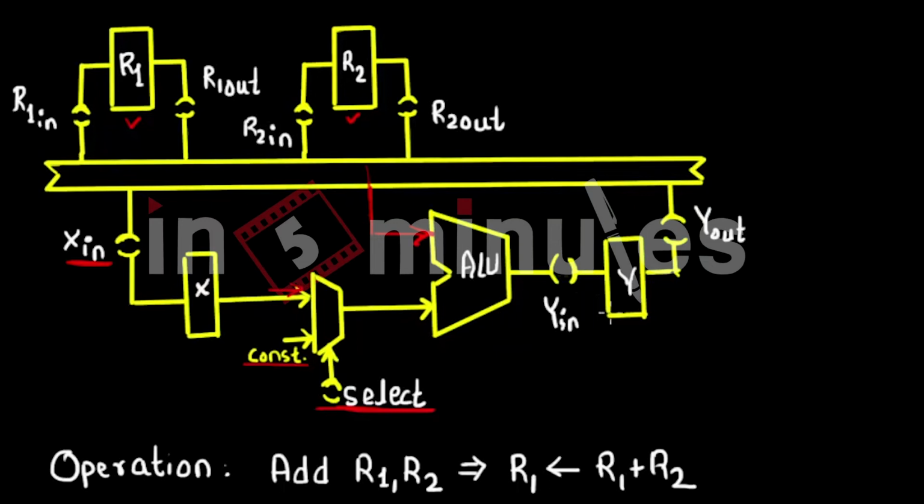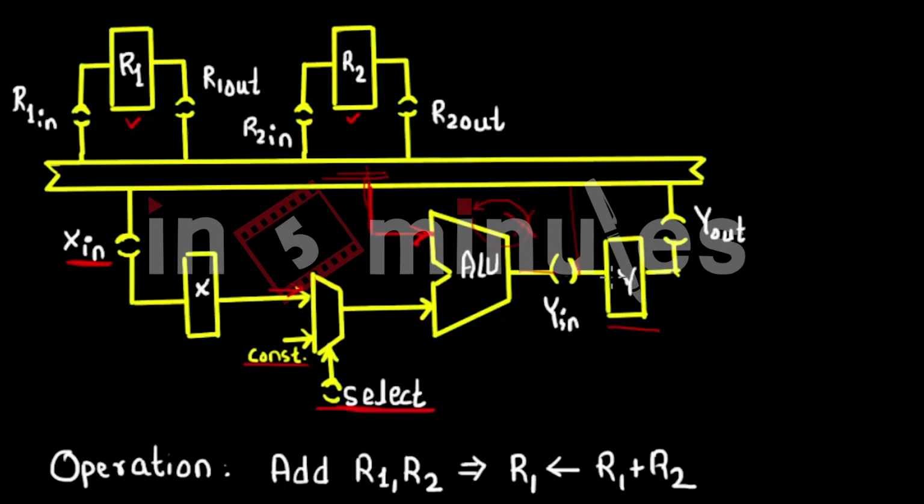And finally, we have this Y register to store the result of the ALU. We know now the significance of this register. One operand is going to be present on the internal CPU bus when the operation is performed. After the operation is performed, if the result is directly connected to the internal CPU bus, then it's going to create a combinational loop here, which is not desirable.